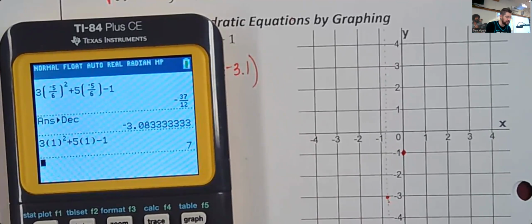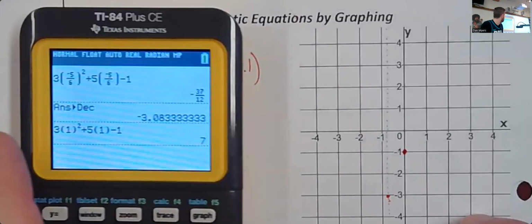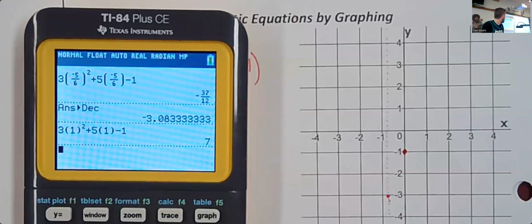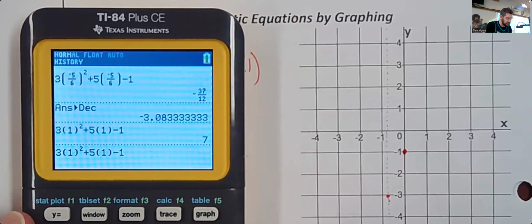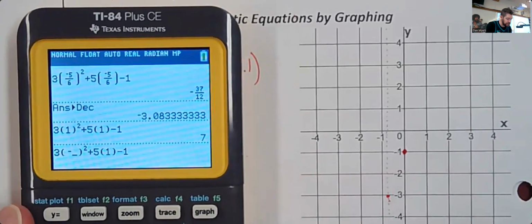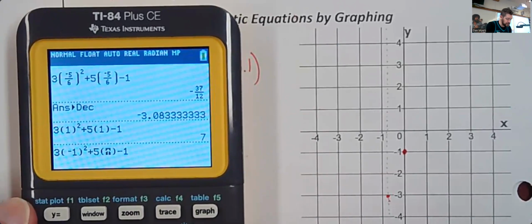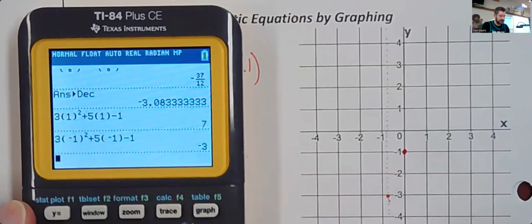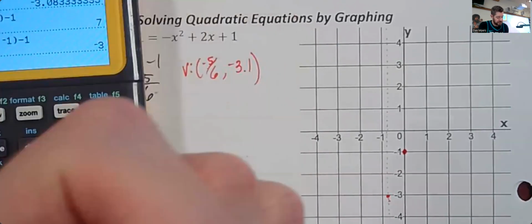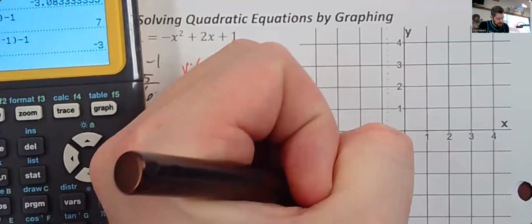So the point 1, 7. So over 1, up 7. Well, we don't have that. That's not going to fit on our graph. How about -1 then? -1 would be -3.